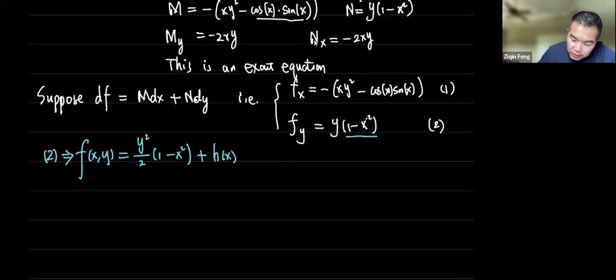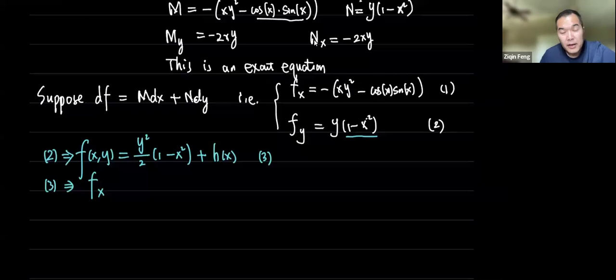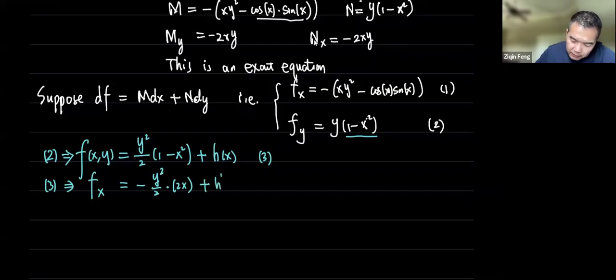Now this is our equation 3. So equation 3 here also implies f, so we want to use equation 1. Compare with equation 1. We'll differentiate f about x very naturally. So this is negative y squared over 2 times 2x, right? Then plus h prime of x. And then this is our equation 4 here.